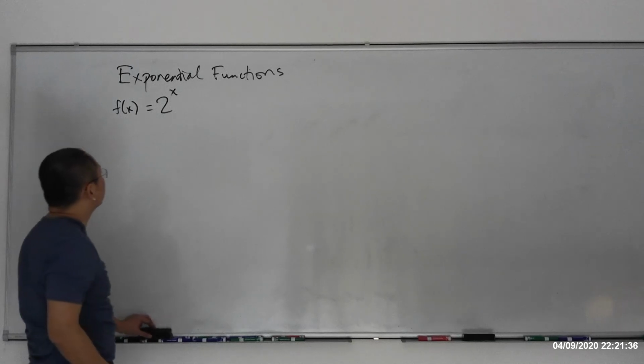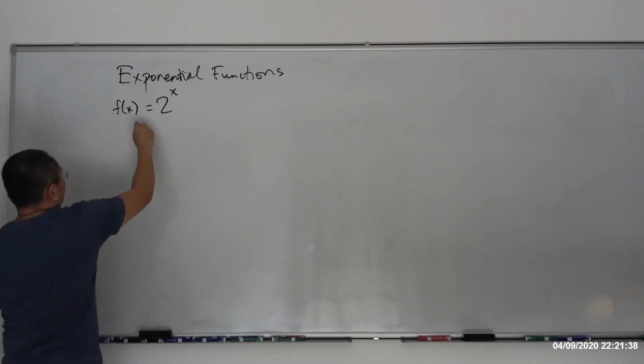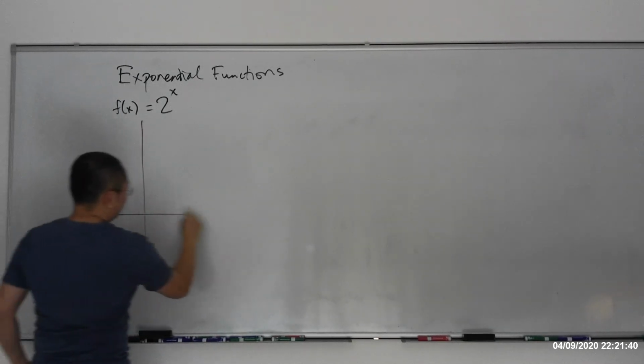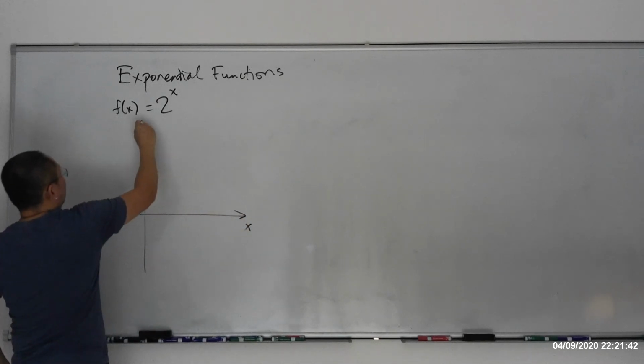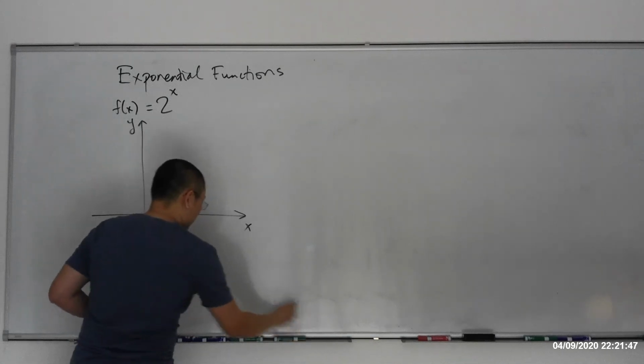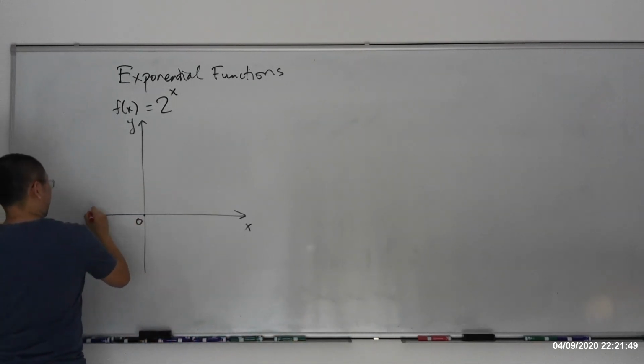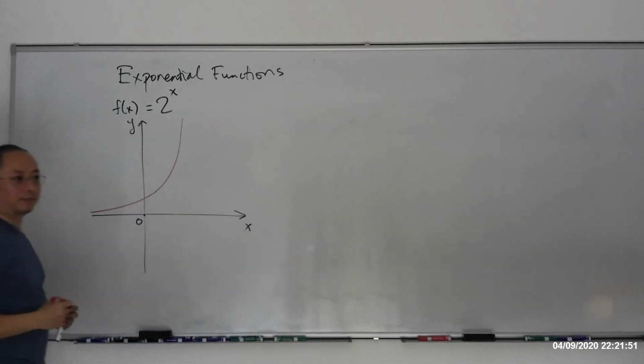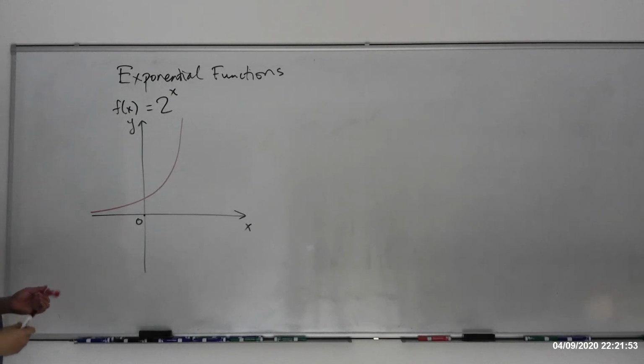Okay, so the graph is going to be like this. X-axis right here, y-axis, the origin. The graph is going to go up quickly this way.